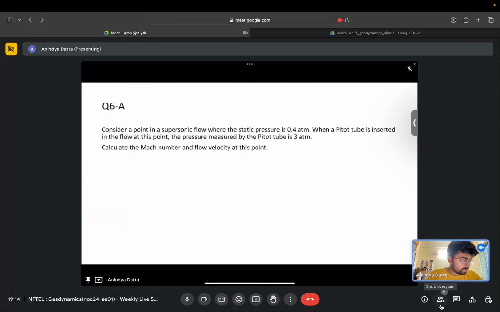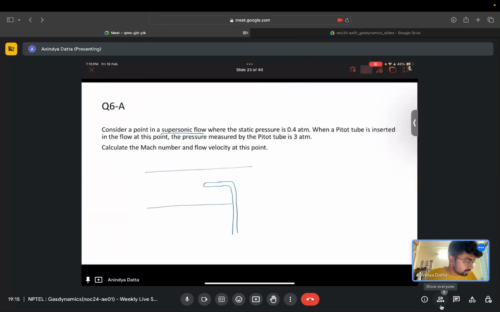It is said here that this is a supersonic flow. So when you insert a pitot tube in a supersonic flow, what will happen again, we will get a shock like this. So we are basically measuring the stagnation pressure.